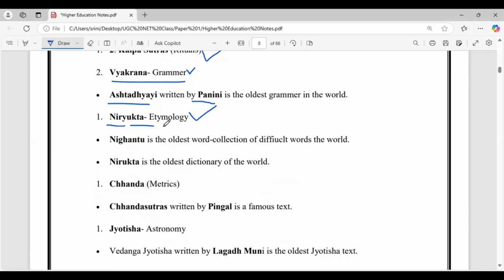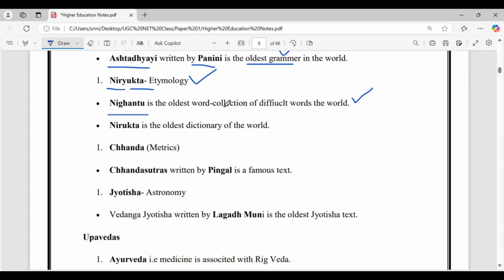Nighantu is the oldest collection of difficult words in the world, the oldest dictionary in the world.